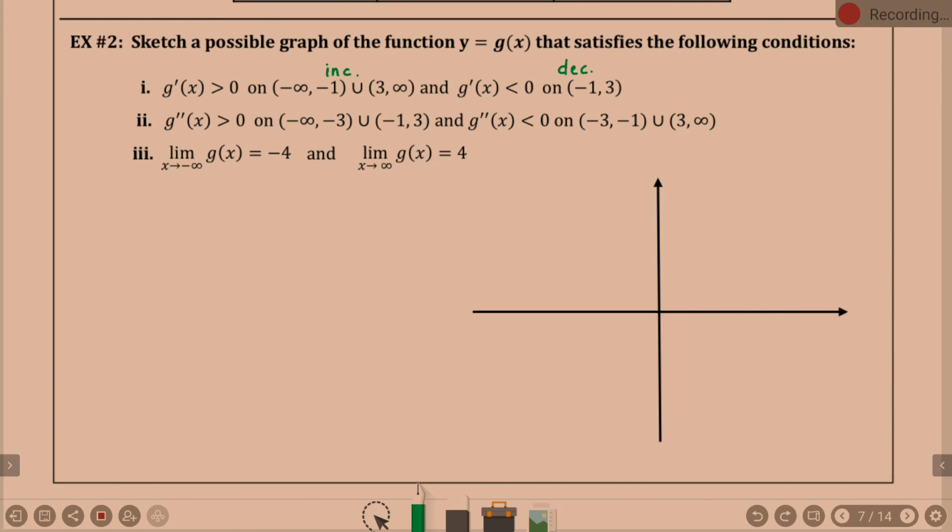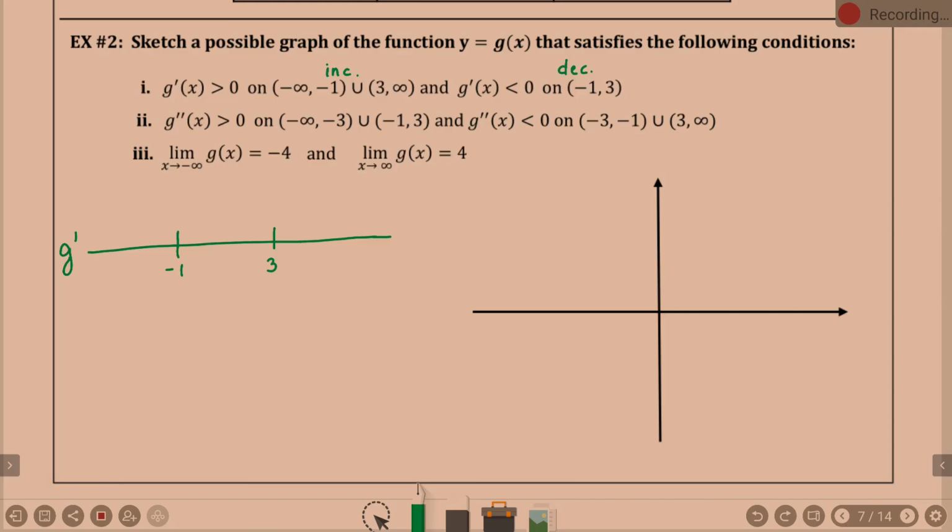Now, I'm going to make a couple of sign charts to help me picture this. If I make a first derivative sign chart, key points, what key points did they give us? -1 and 3, yes. And what were we told?